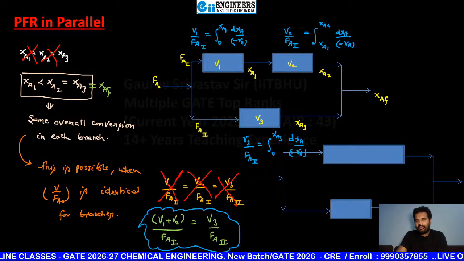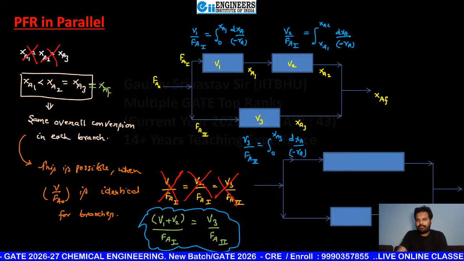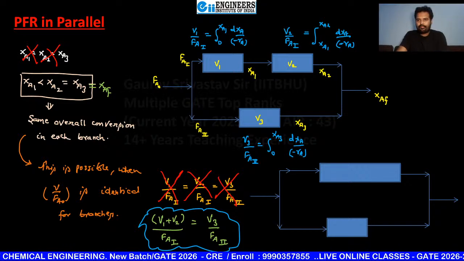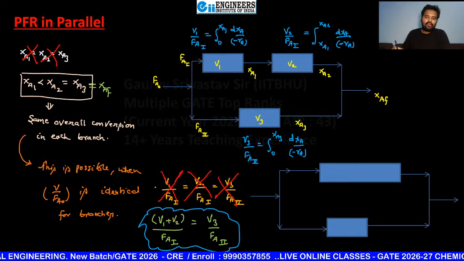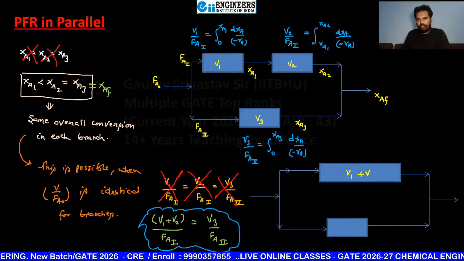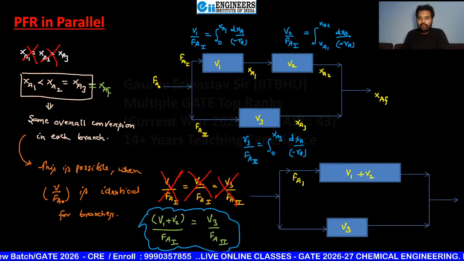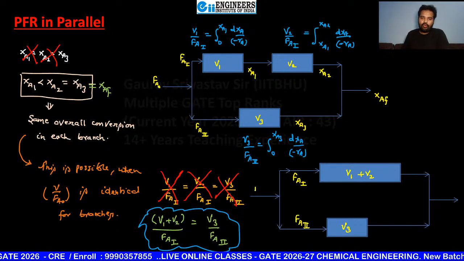So the same diagram we can also draw like this. Both diagrams are equivalent to each other. The above diagram can be shown like this: V1 plus V2, because we know there is no advantage of using PFR in series. In both cases, you will get same overall conversion.